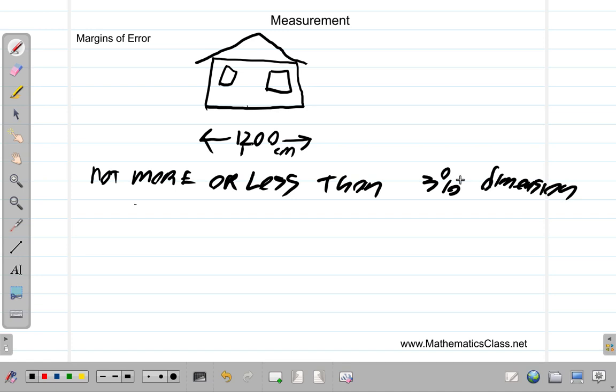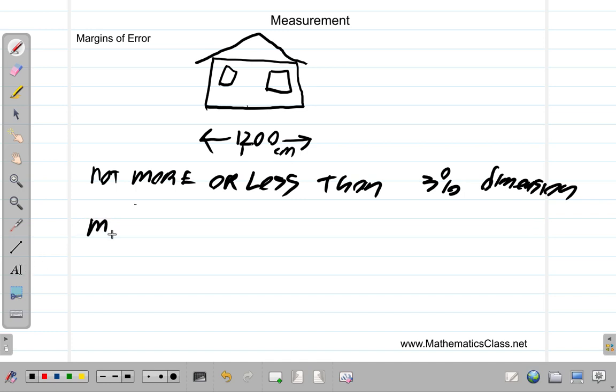Now, the question is, what is the range of measurement that you can have for a house that is 1,200 centimeters long, but must not be more or less than 3% of those dimensions?